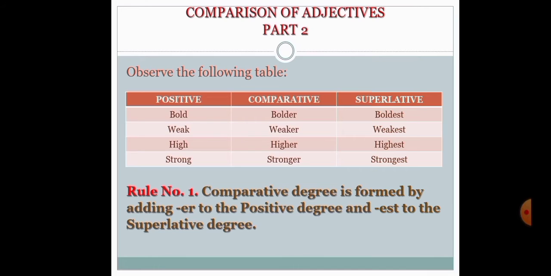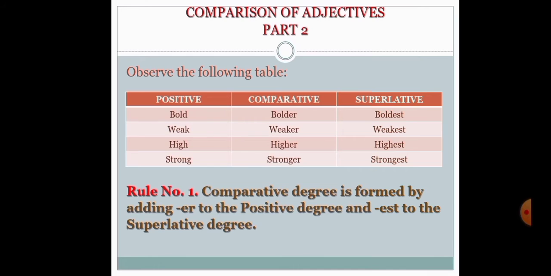Now in this video I'm going to talk about a few rules which you should remember while doing the comparison. Now please observe the table given. Positive, comparative and superlative of 4 adjectives have been given on the screen. Bold, bolder, boldest, weak, weaker, weakest, high, higher, highest, strong, stronger, strongest.